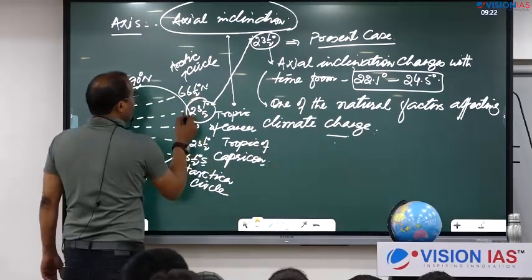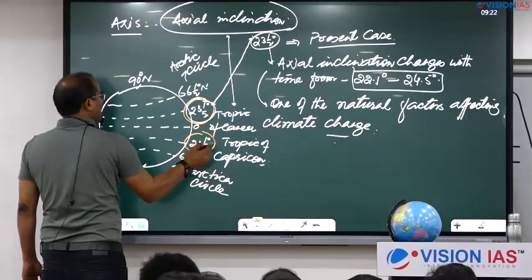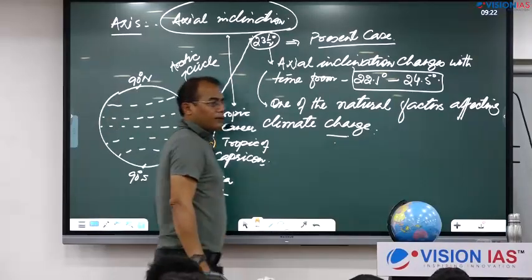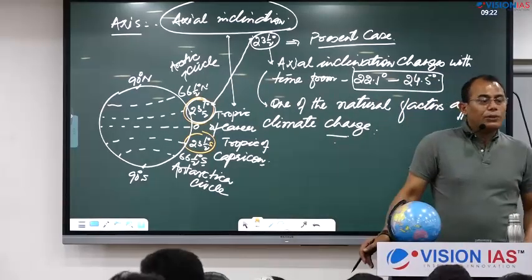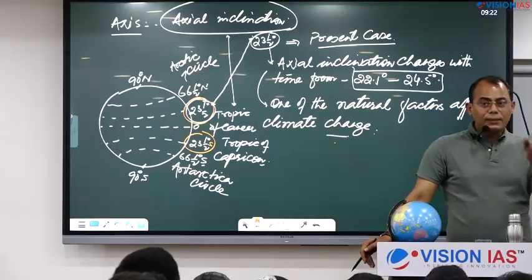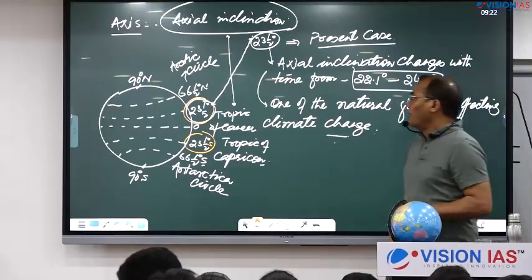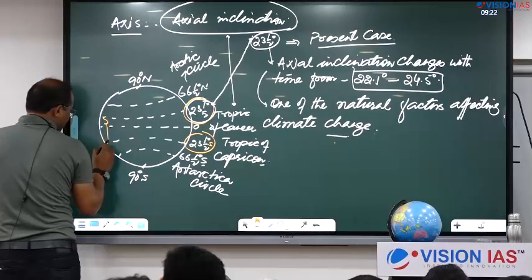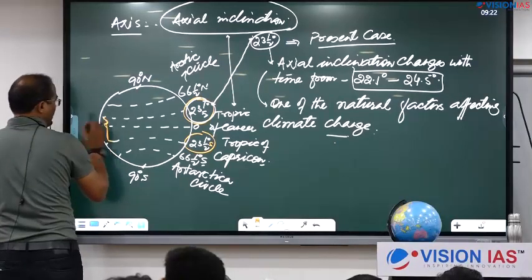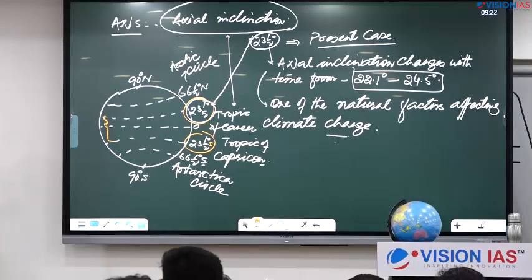Now I'm asking, why this 23.5 degree north and south? Why not 23 or 24? Because of axial inclination. What does axial inclination do? The vertical rays of the sun remain between the two tropics. They don't go beyond that.